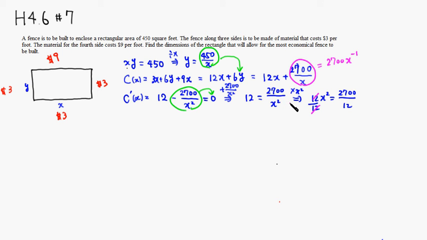Since this has a factor of 3, I'm going to divide through by 3, which gets you 4 on one side and 900 on the other. The reason I want to do that is that the square root is much simpler. So x is going to be plus or minus the square root. We don't care about the negative so much, since x has to be a length.